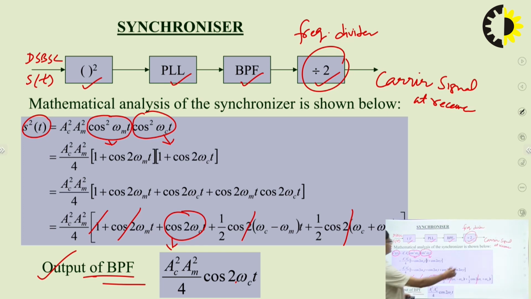So this carrier signal at the receiver, when we have obtained it from the DSBSC, will always be in synchronization with the carrier signal which is used at the transmitter. So if we use this circuitry at the receiver end, there will be no synchronization issue and the output will be distortionless or distortion free.